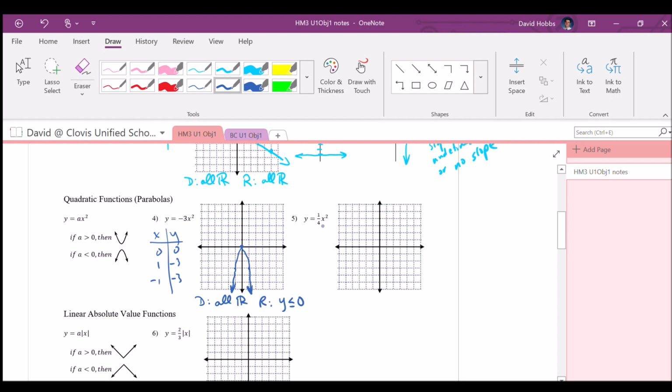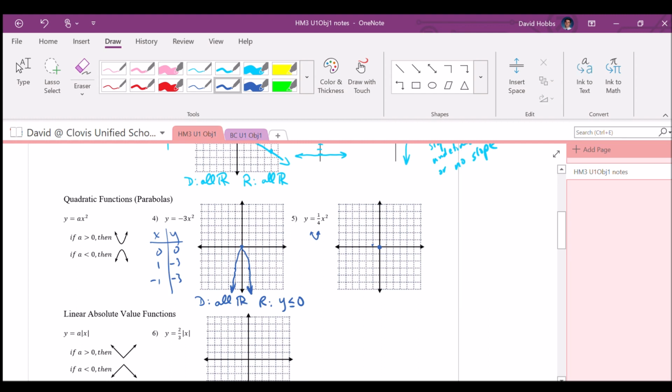Okay, y equals 1/4 x squared. Well, vertex is at 0, 0. Now this one's opening up because the a is positive. Okay, now remember 1/4, this is not a slope. You cannot do a slope. If I go 1 point to either side, I'd be going up 1/4.